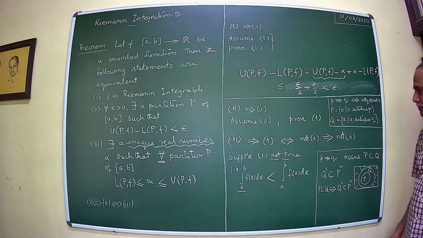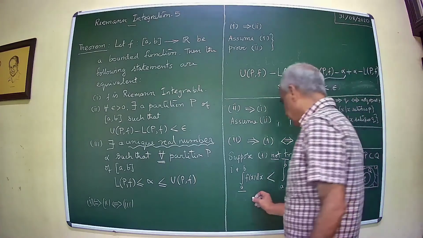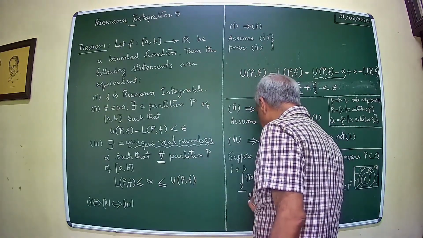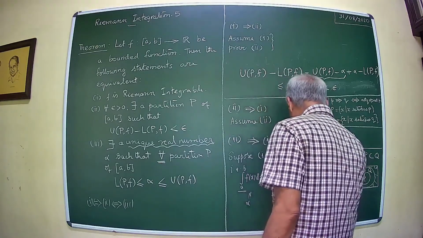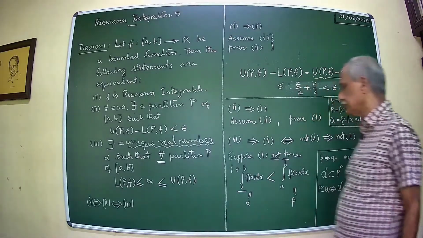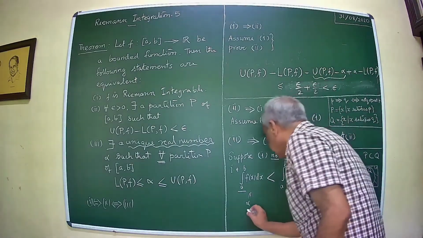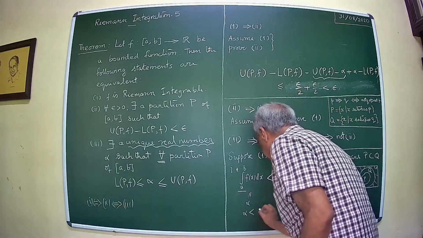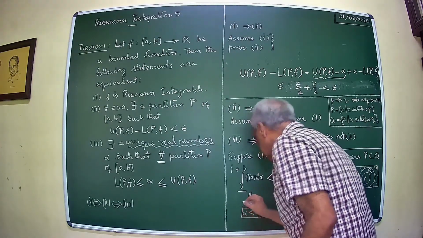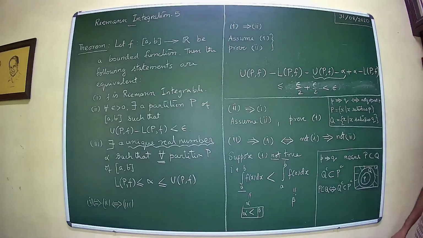Okay? So let me designate this as alpha and this as beta. So it says that alpha is strictly less than beta. This is the statement.